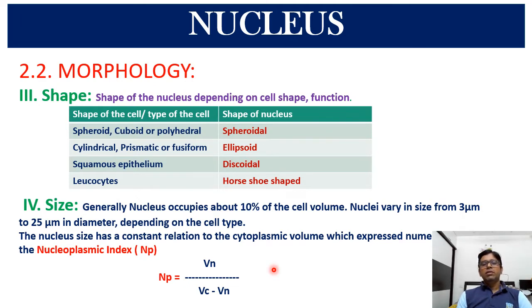We can measure the size of the nucleus by using the formula NP = Vn / (Vc - Vn), where NP is the nucleoplasmic index, Vn is the volume of the nucleus, and Vc is the volume of the cytoplasm.